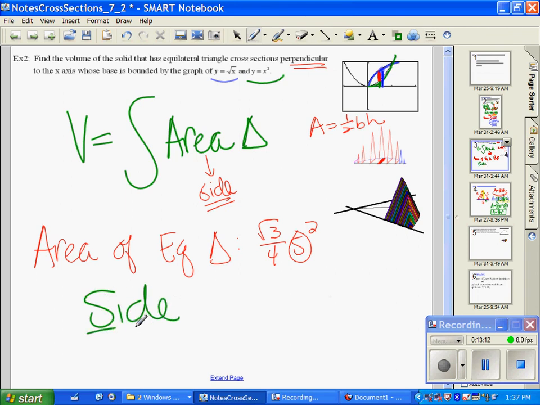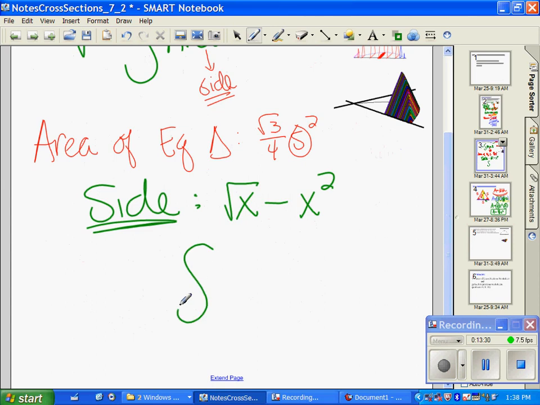So the side is going to be very similar to section 7.1, upper minus lower. So the upper is the blue, which is √x, minus the lower. That represents the side. So we're going to go ahead and put this in. Remember, put it in for the side.